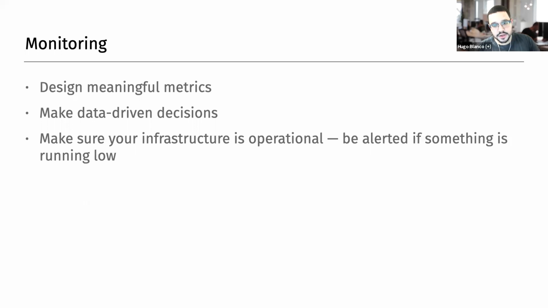So it's good to have data to make data-driven decisions. And also for monitoring, it's really important to make sure your infrastructure is operational. You don't want to be alerted by the customer that your application is not online. You have to understand that beforehand.